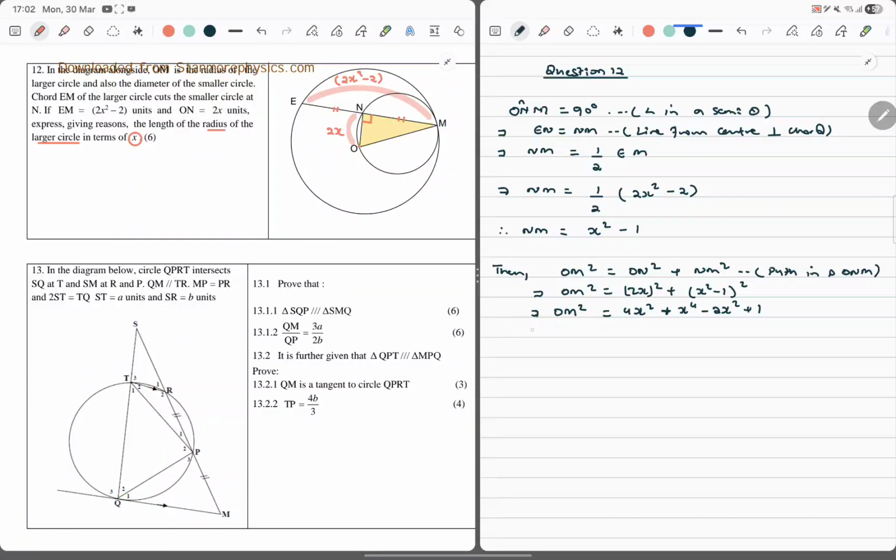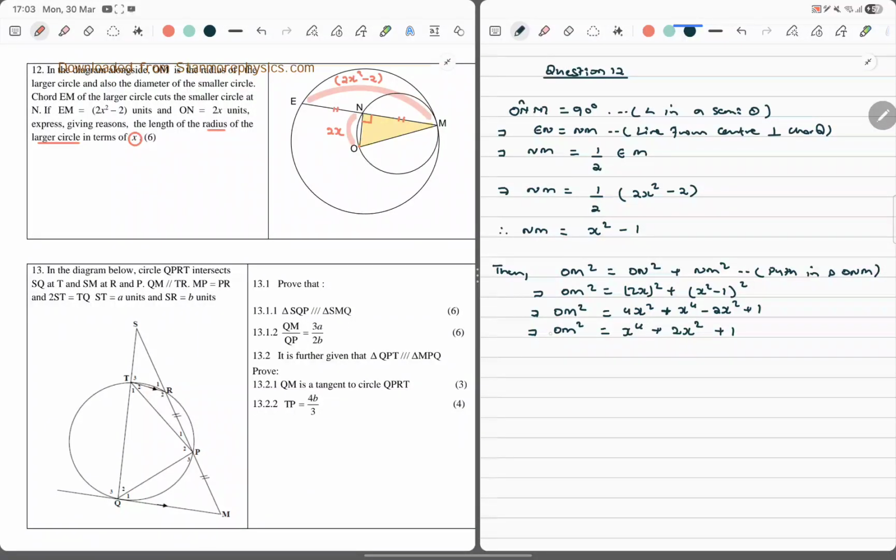Right, and we continue, OM squared equals, now this is 4x squared minus 2x squared, which becomes 2x squared plus x to the 4. In fact, let me write it properly. So this is x to the 4 plus 2x squared plus 1.